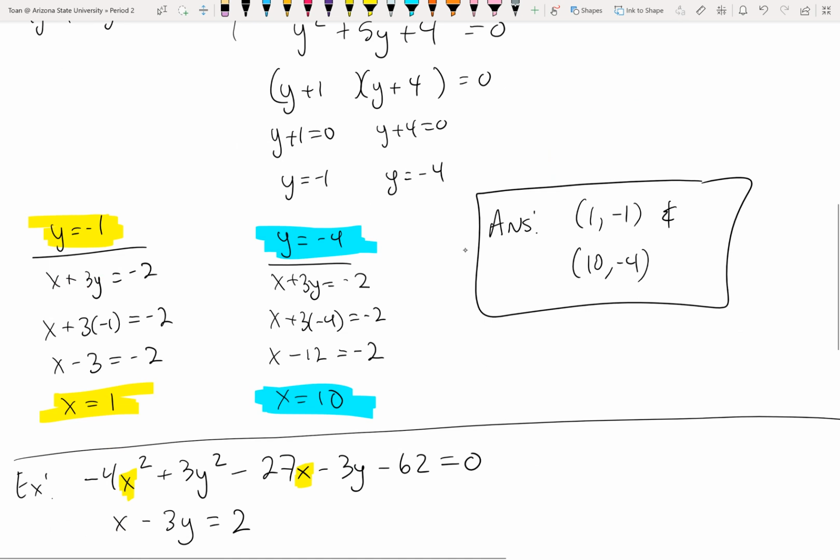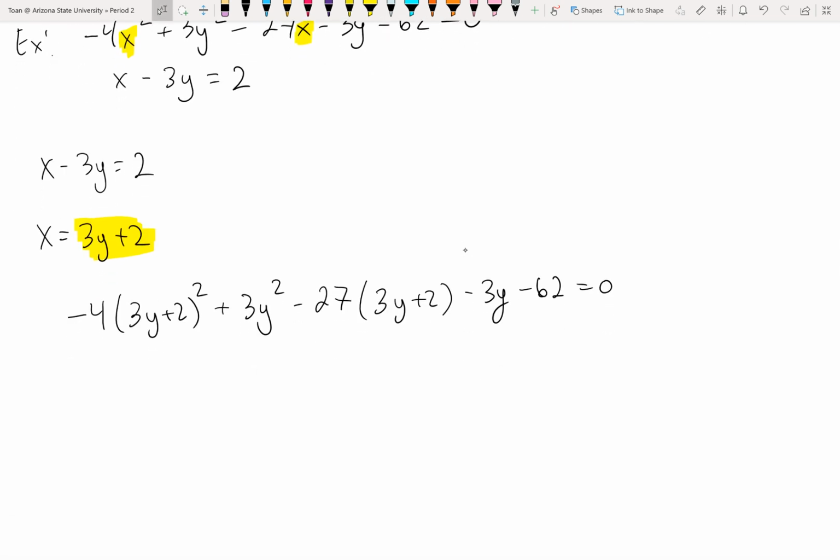You should get something like -4 times 9y squared plus 12y plus 4 plus 3y squared. And here in this case, there is something in front of the parentheses, so I can't drop it, I have to distribute.